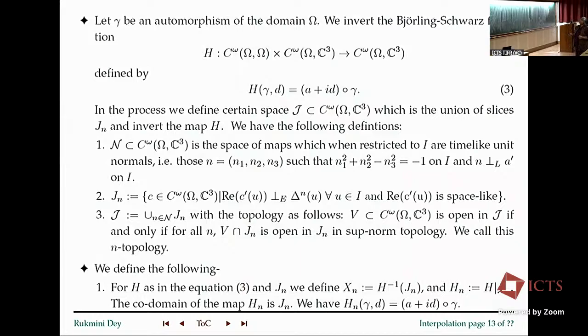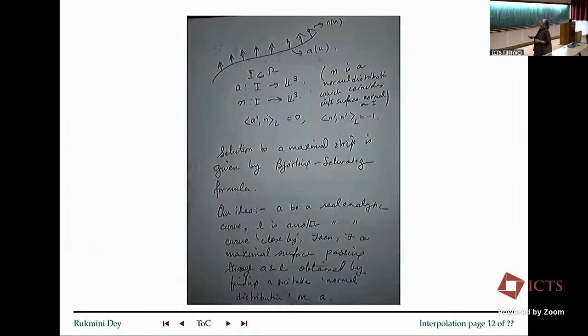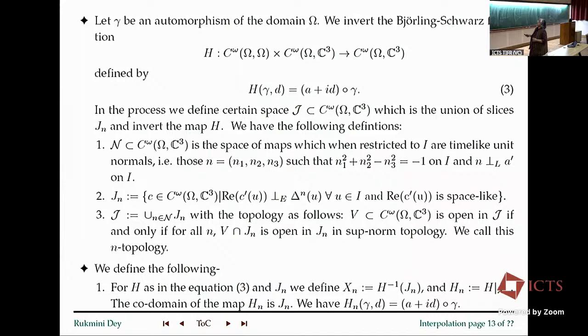And yeah, so you saw that the Björling problem can be written as A plus I times D, I'm calling this D, this whole thing an integral, right? So basically we have to actually invert this kind of thing, but we also have to allow for a conformal map from the domain to the domain. A plus I D composed with gamma. And it's not easy to invert this. So you have to actually shrink the space.